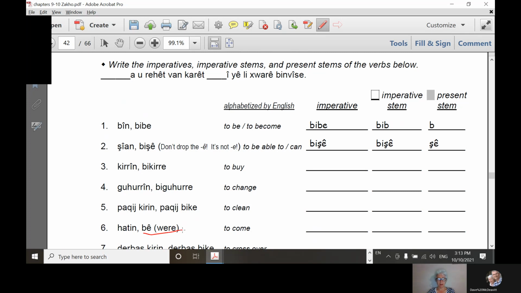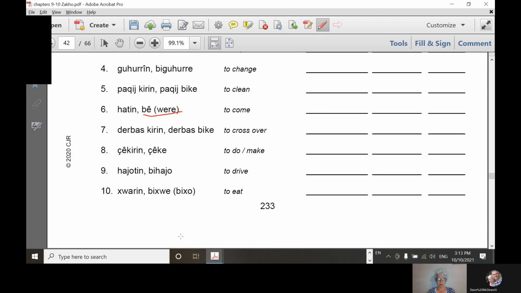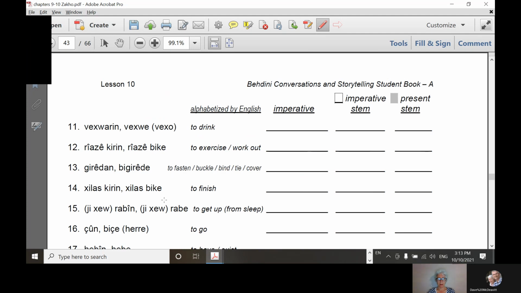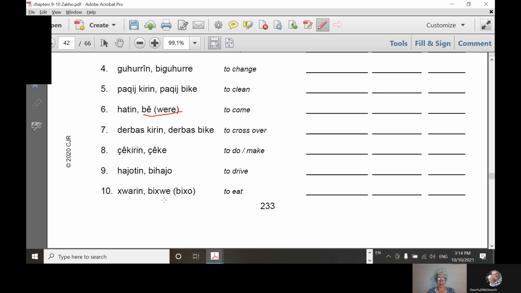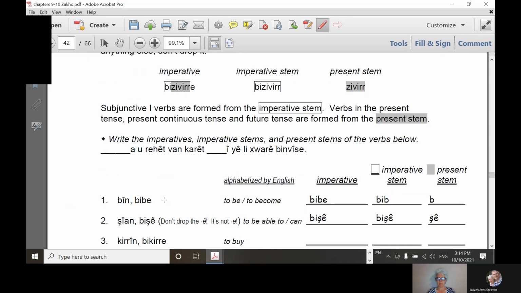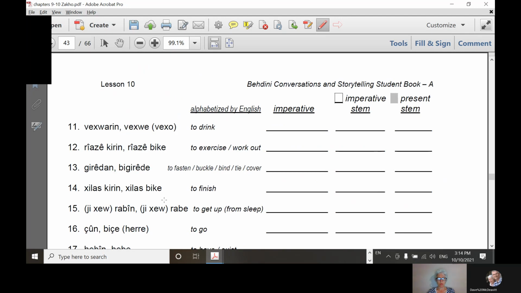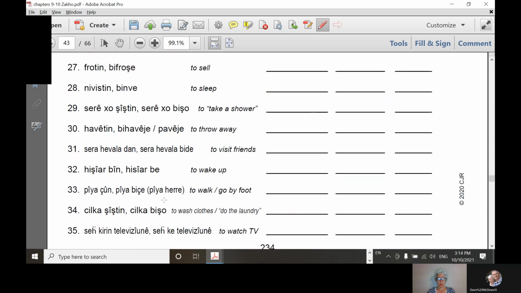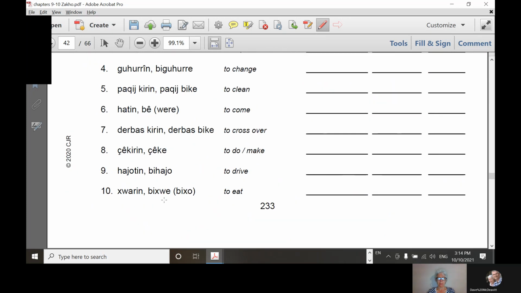You don't drop that. Well, there you go. You have at least one example. Wash is another. Bishu.